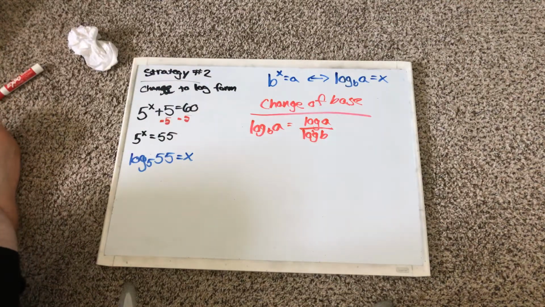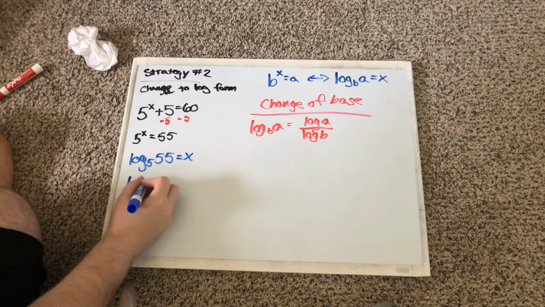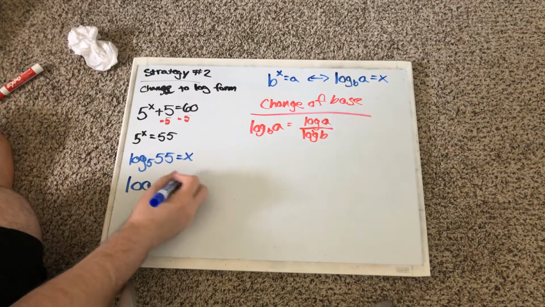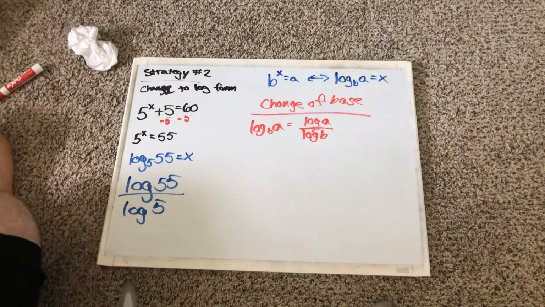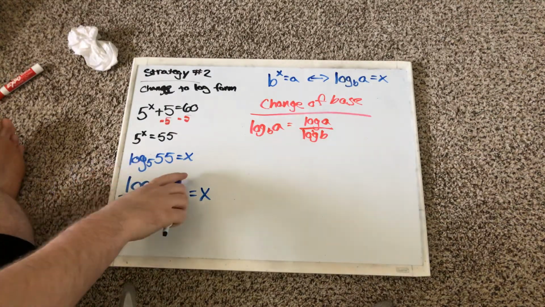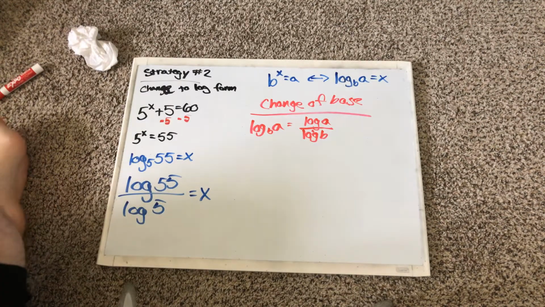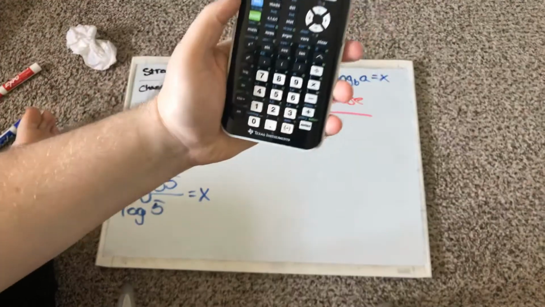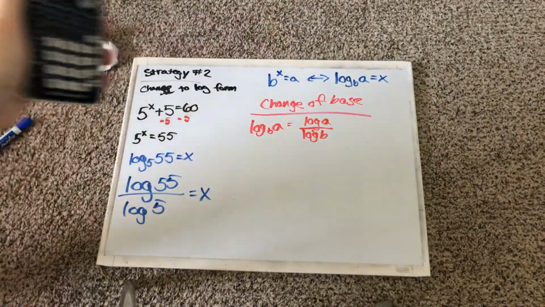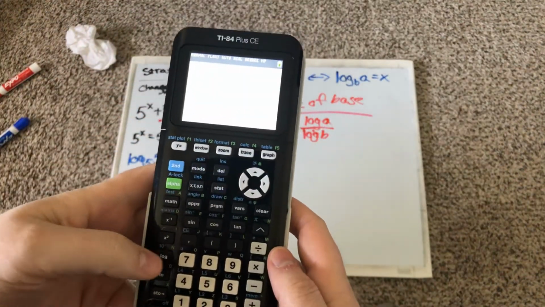And we're going to have to use our calculators for this. So I'm going to rewrite this as log 55 divided by log 5 is equal to x. And please don't try to say, hey, this is log 11. We're not doing that. What I'm going to do, calculator. Our log button right here.